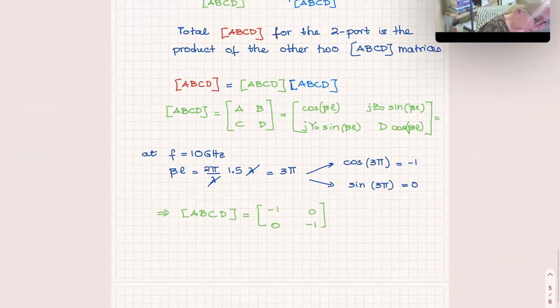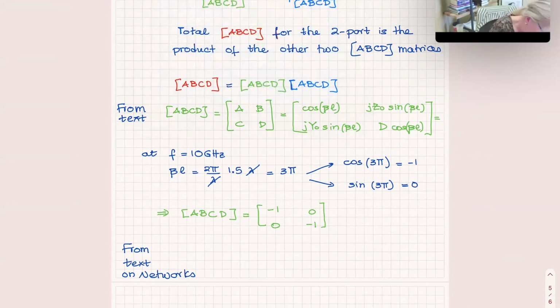So from the text on networks, let me write it from the text. What do we know?